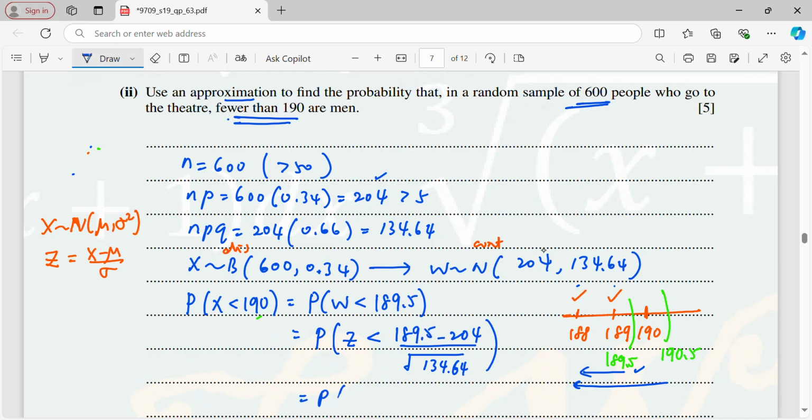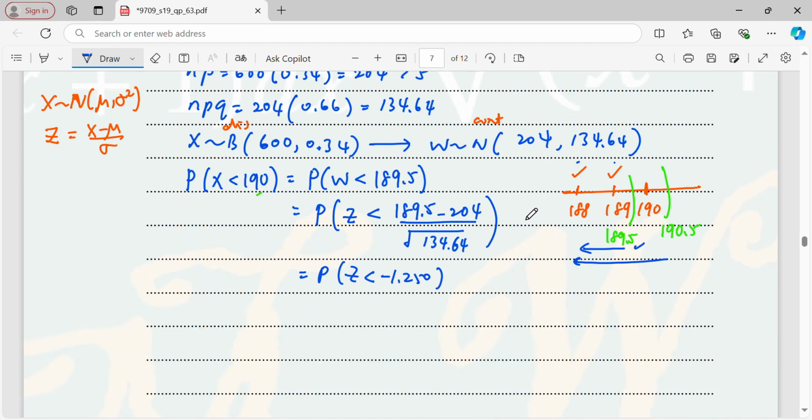So then you will be getting Z less than negative 1.250. Then quickly sketch a graph. Right after this step, we have to sketch a graph and mark this value. Negative 1.250 is on the left side. Since this is less than, it means the region towards the left side. And now I will reflect to be positive.